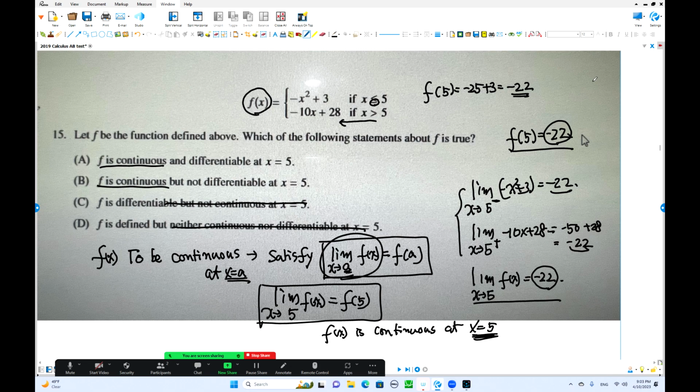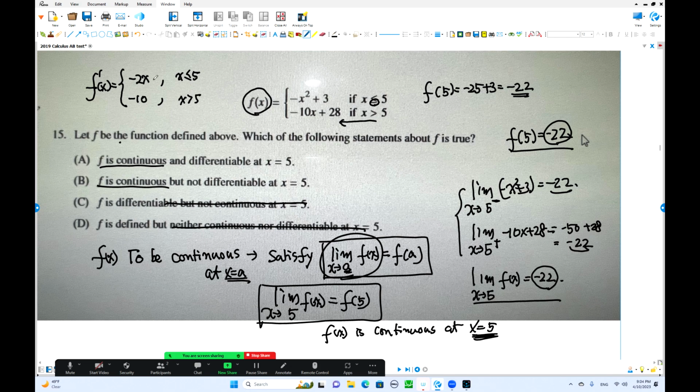Now f prime of x, take the derivative. On the left-hand side, take the derivative of negative 2x when x is less than 5. The second one is negative 10x, whose derivative is negative 10, right? Now check when x is 5 from the left-hand side.